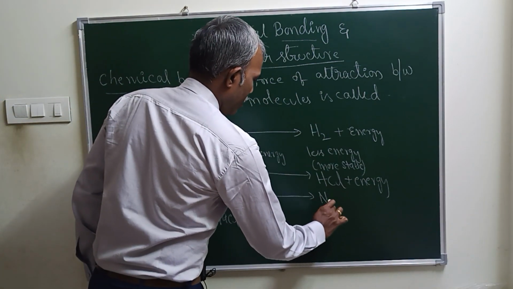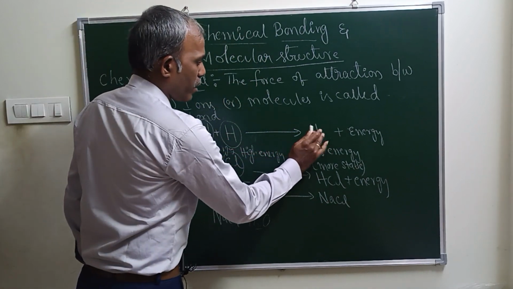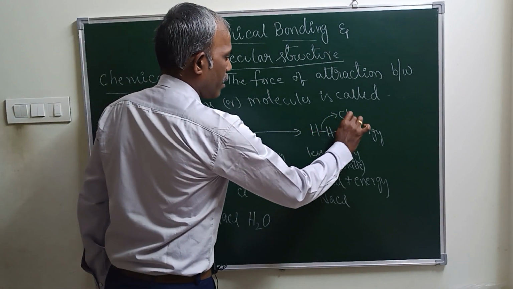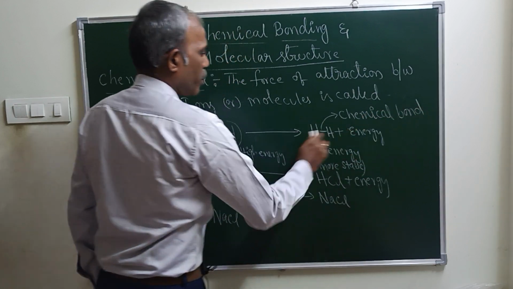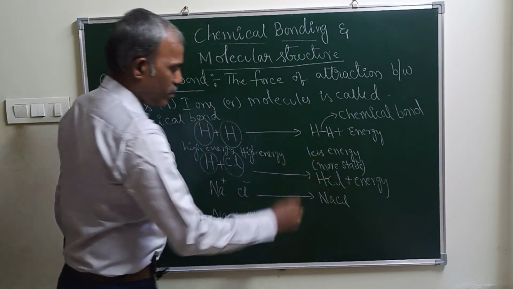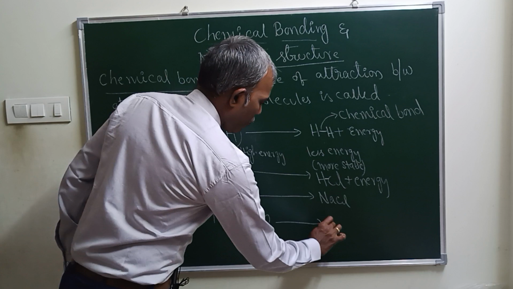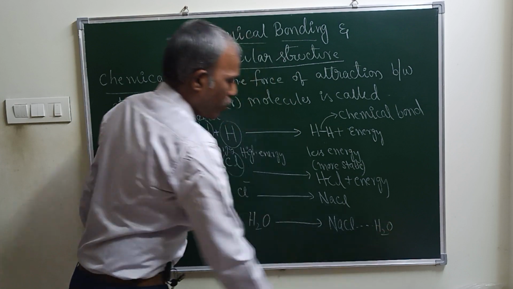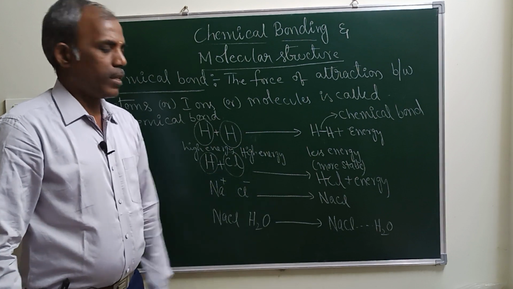So here in NaCl, there is a bond between two atoms. Let me write that bond here, H-H. This bond is called a chemical bond, which is nothing but a force of attraction between two atoms. Similarly here we can see HCl, NaCl. Between the molecules we can find a small force of attraction between NaCl and H2O, which is called ion-dipole interaction.